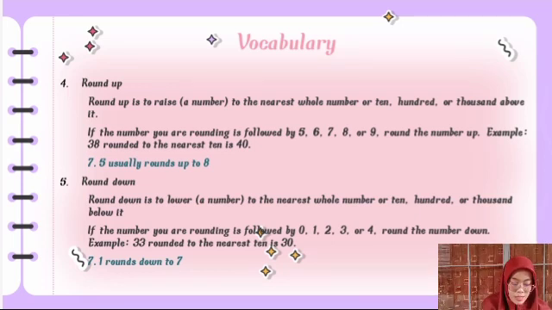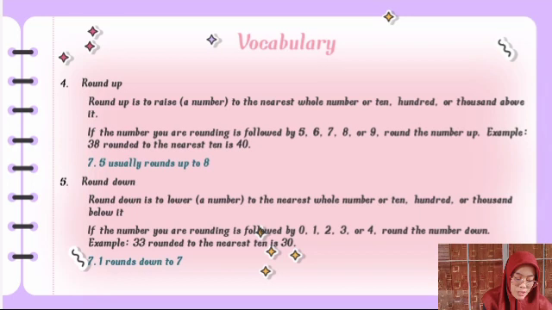Number 5 is round down. Round down is to lower a number to the nearest whole number, or 10, 100, or 1000 below it.